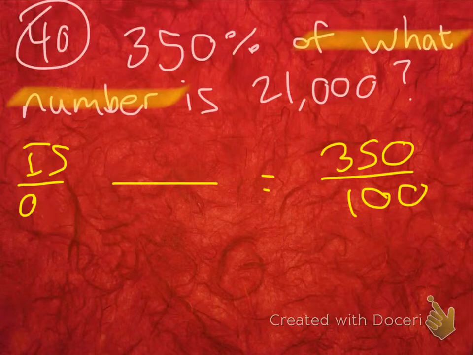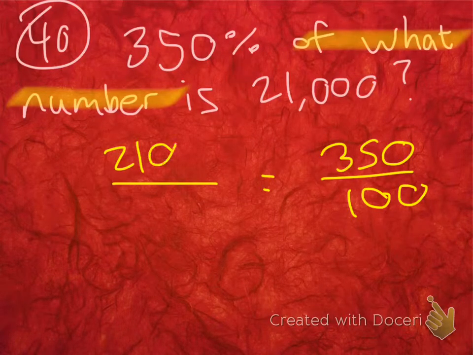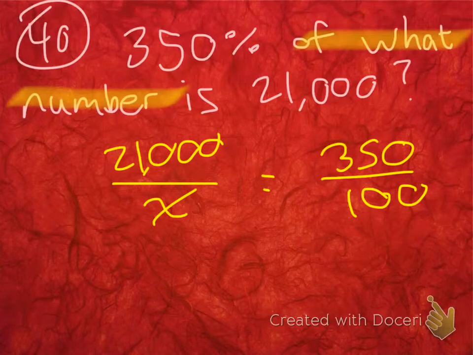Well, the 21,000 is the part that is 350%. So this is actually going to be the numerator, because it is the part compared to the whole that we do not know.